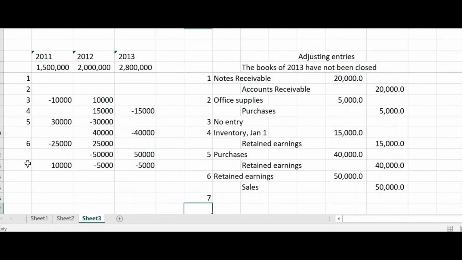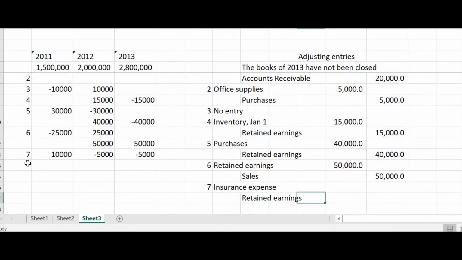Ang gawin mo, you'll recognize insurance expense for 2013 and then credit retained earnings for 5,000, kasi for net effect sa 2012 is understatement of 5,000 in retained earnings as of 2012.